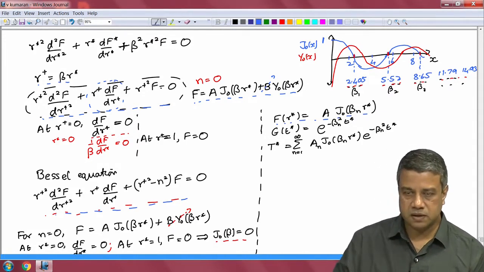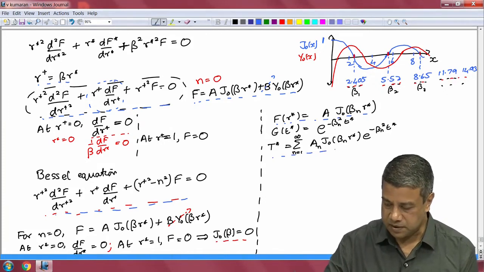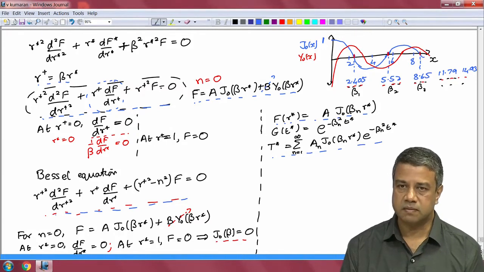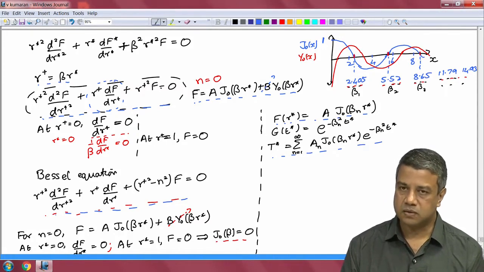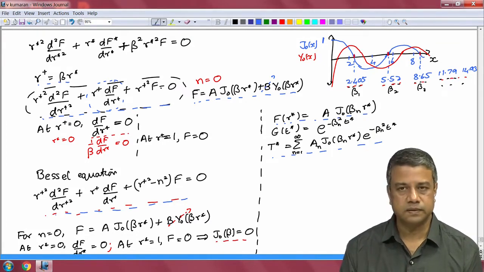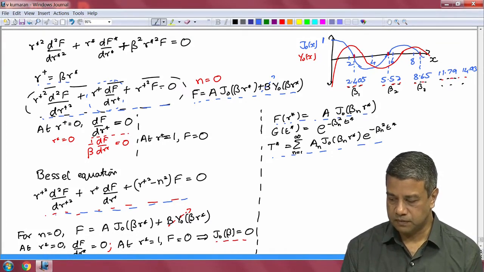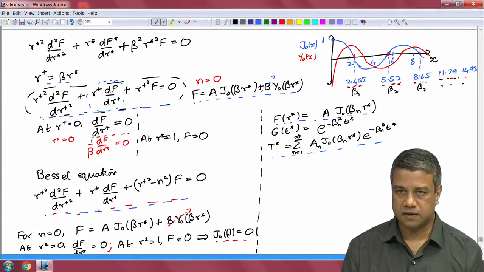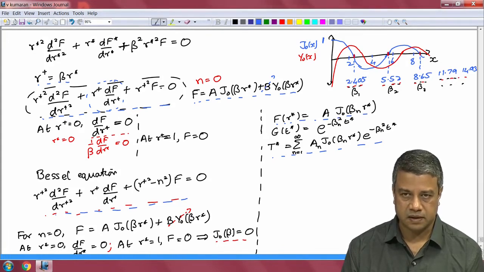The total solution is the product of f times g, where both f and g have the same values of beta n, so that in my separation of variables procedure, the left and the right sides are equal. This solution satisfies the equation for any value of n, and the boundary conditions for any value of n, because both boundary conditions are homogeneous.